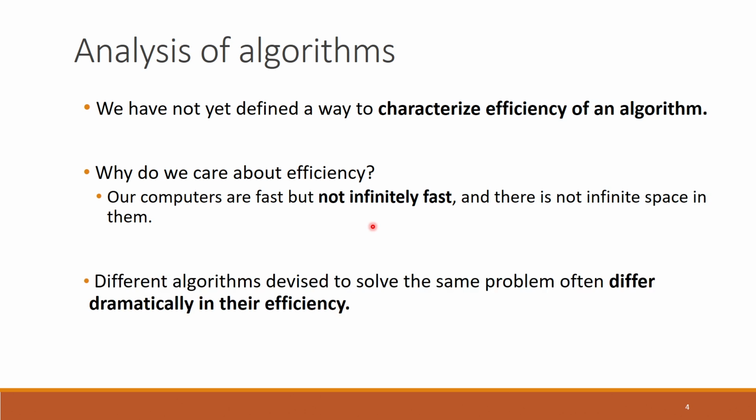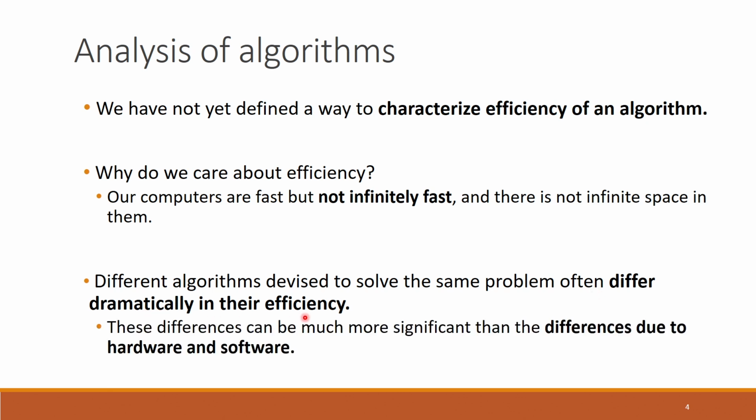Note that different algorithms that are devised to solve the same problem often differ dramatically in their efficiency. These differences between algorithms can be more significant than the differences due to hardware and software.